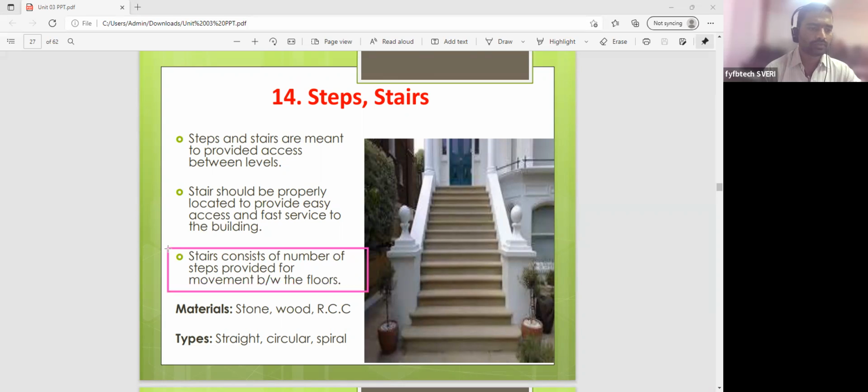Then stairs consist of a number of steps provided in between floors.